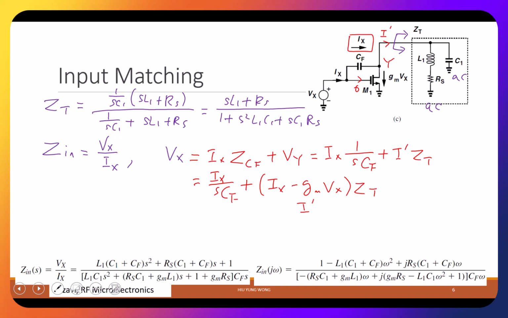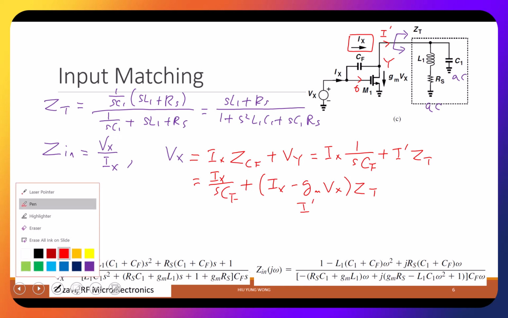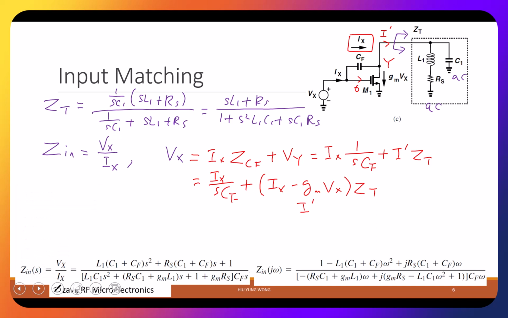Our point is, do we want to go through the math? Let's just go through a little bit. So I group them together. Z in equal to Vx divided by Ix. I group them because I can put the Vx on the left.